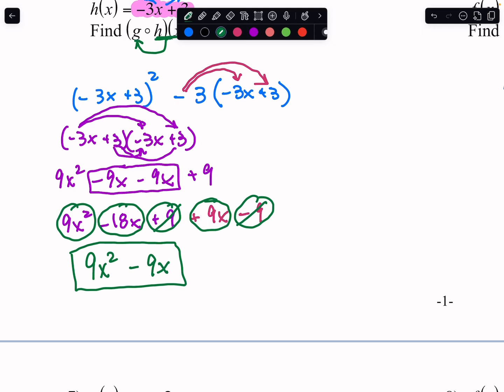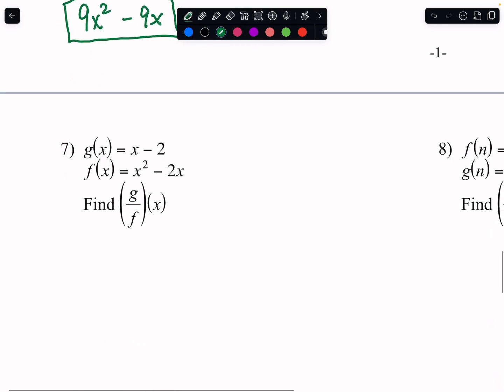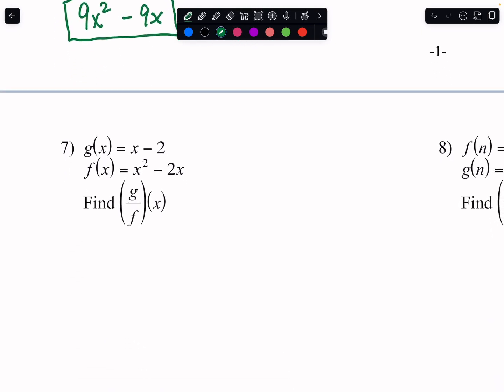All right, on the next page, we're going to actually plug in. Oh, before I do that, we got to do some division ones. So some division. Here we go. I'm going to take my g and divide it by f. Anytime I have the option to factor, I'm going to definitely try it.